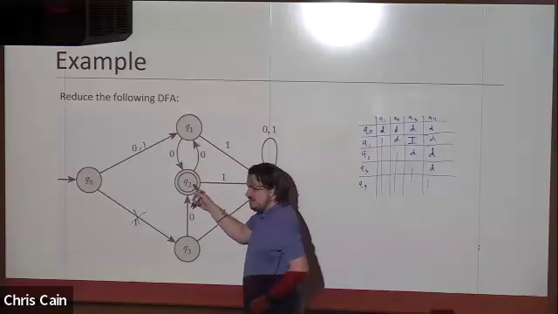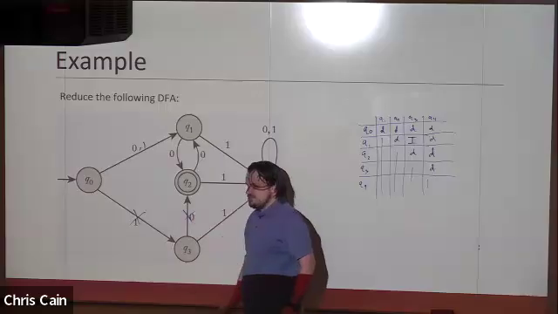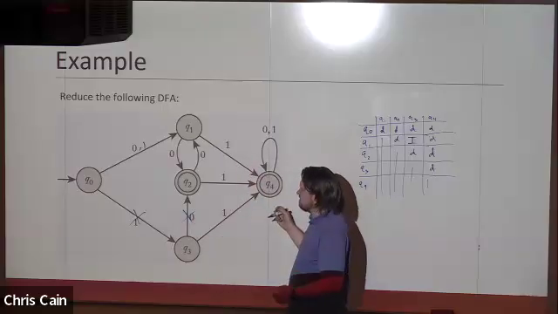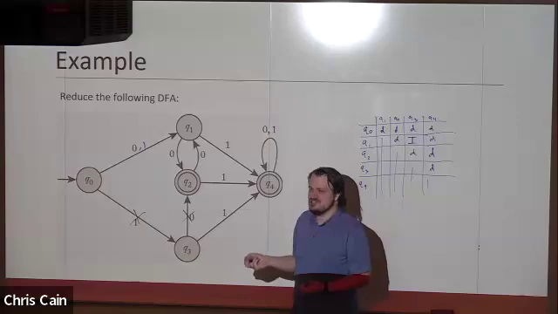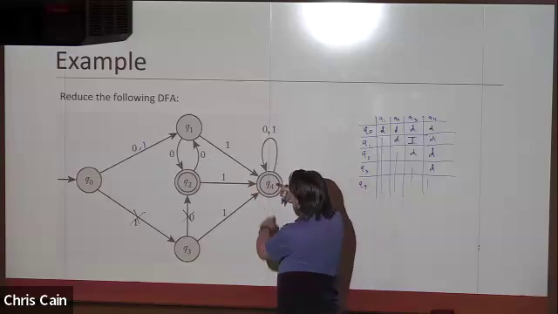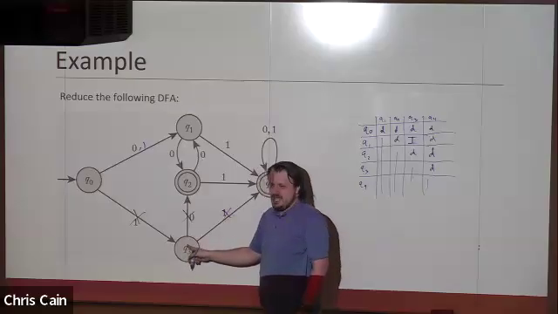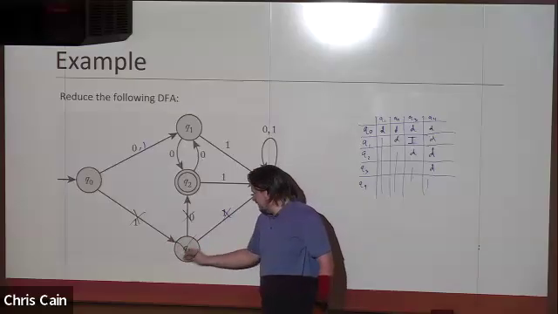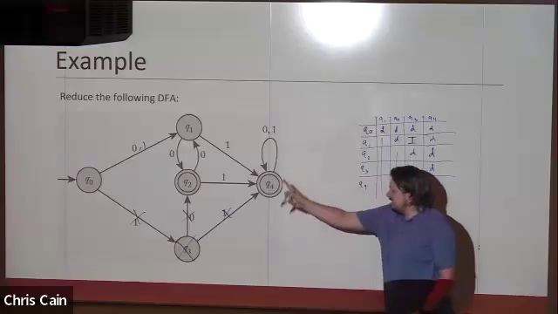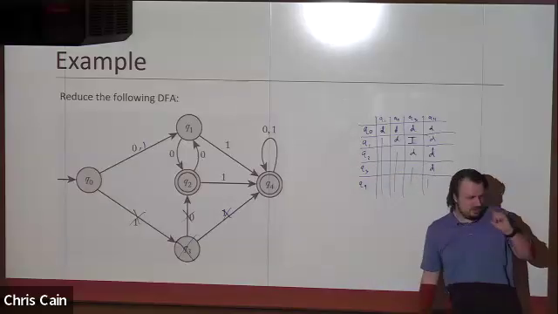And if they are the same one, that's fine. You can get rid of that edge. If they go to different locations, that's a problem. They shouldn't. So at this point, we see both here go to Q1, we can get rid of this edge. Since this has no edges coming in or going out, we can get rid of this state. This is an equivalent DFA to the one we started with.